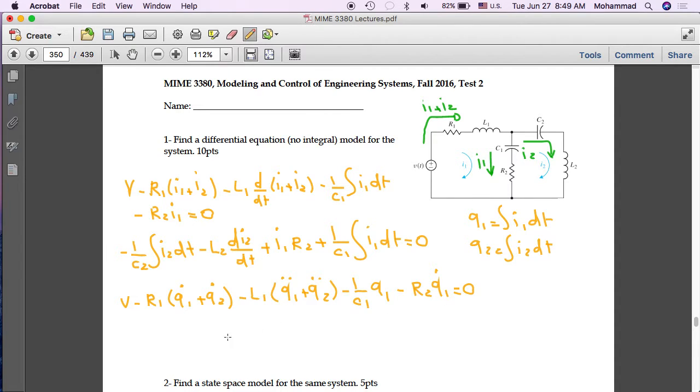Similarly, the second equation becomes minus 1 over C2 Q2 minus L2 Q2 double dot plus R2 Q1 dot plus 1 over C1 Q1 equals 0.